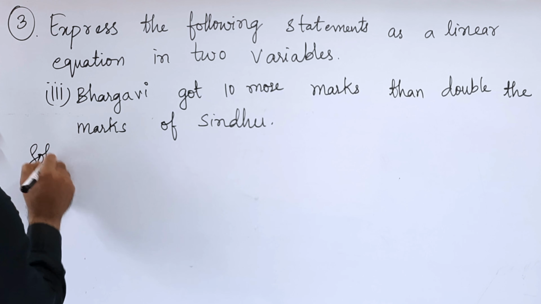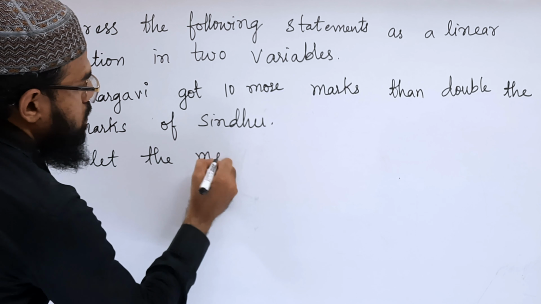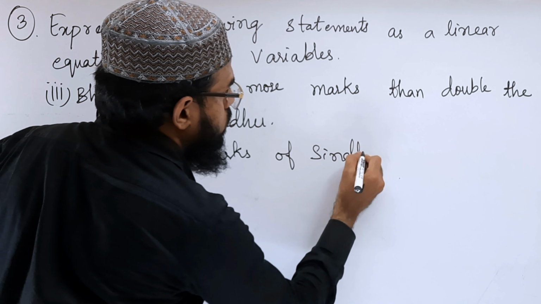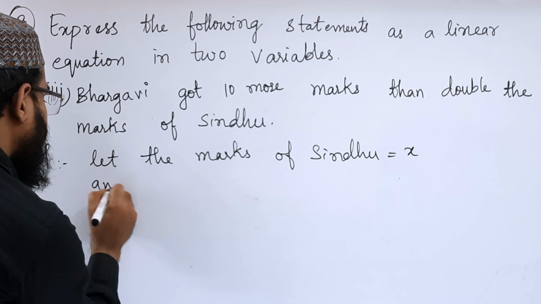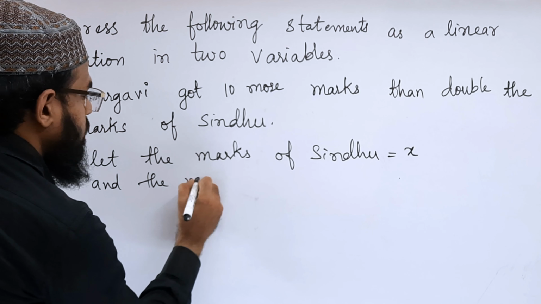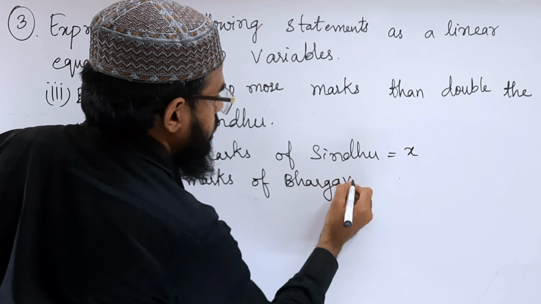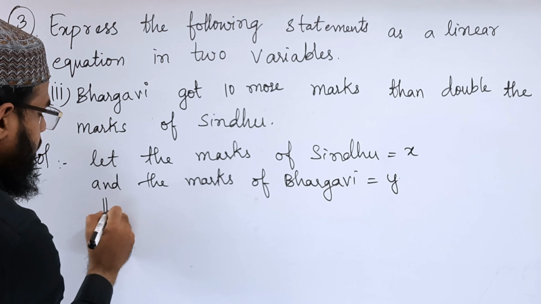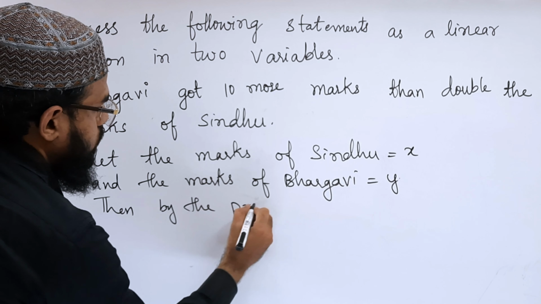So in solution, let us write, so let the marks of Sindhu is equals to x and the marks of Bhargavi is equals to y.